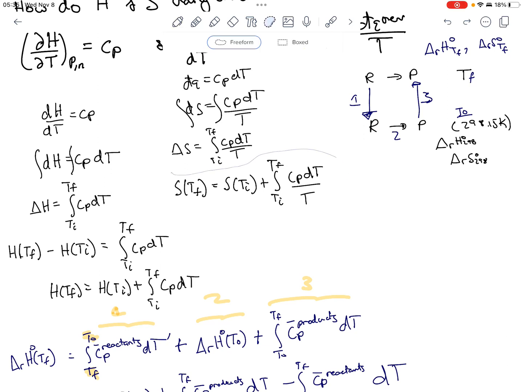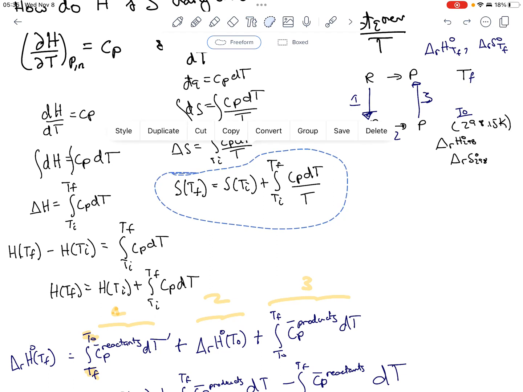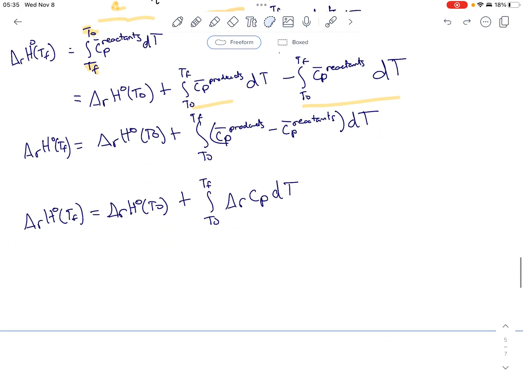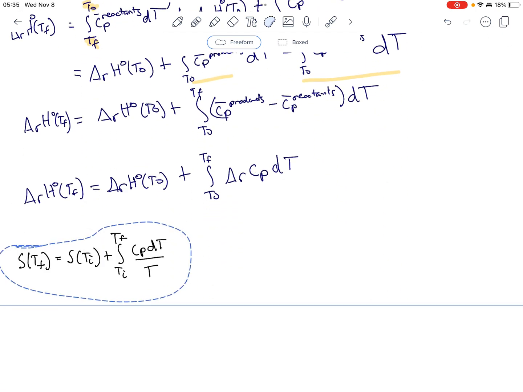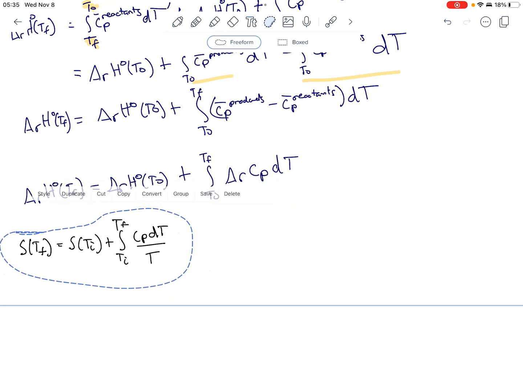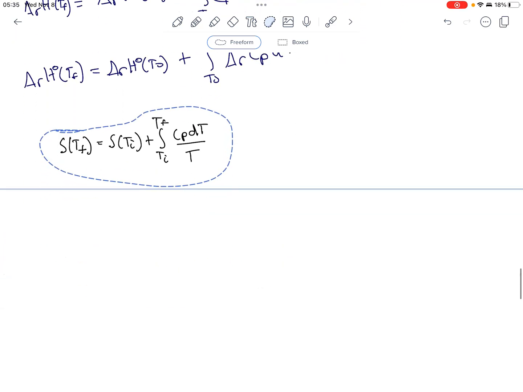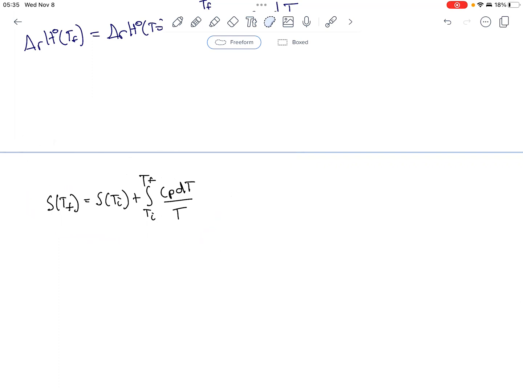So if we have our S's here, it's perfectly valid, and we'll see that this makes the math a lot faster and easier. I'm allowed to apply this true fact to a chemical reaction.